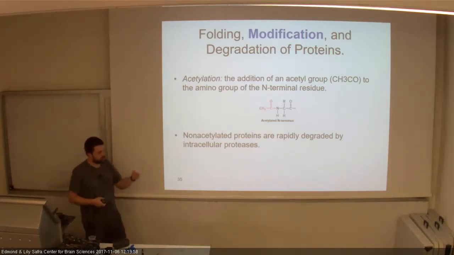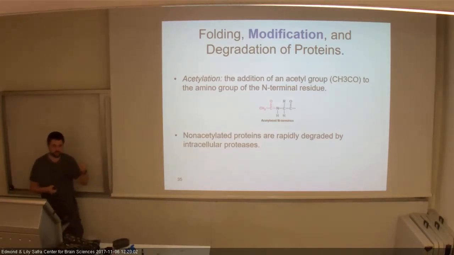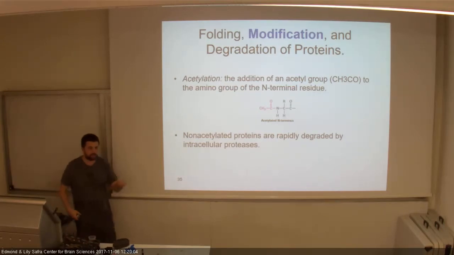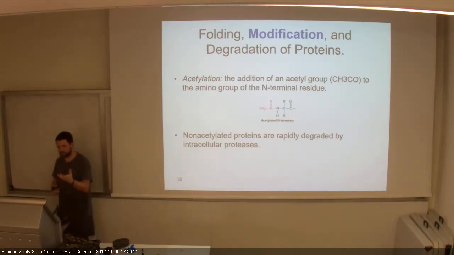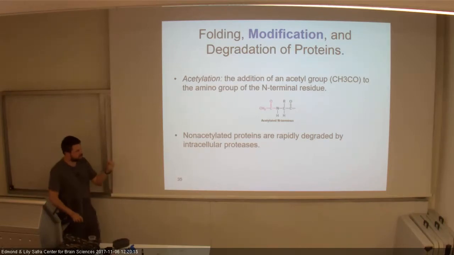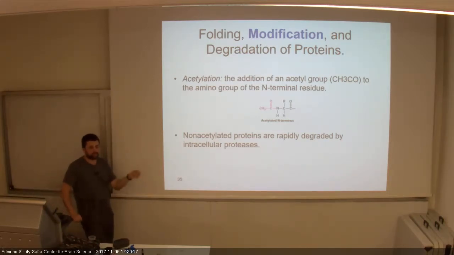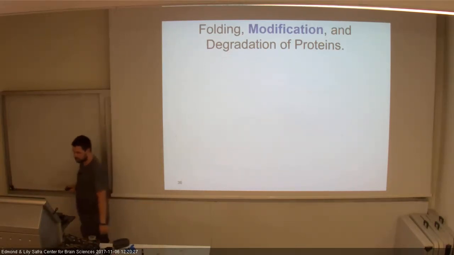So we think that this is kind of a recognition mechanism. If a protein is present in the cell and it's not acetylated, a lot of times the cell would degrade it very fast, maybe because it will be tagged as something that is foreign, that didn't come from the cell itself. Okay, for example, from outside, or it could also mean that the protein was not properly folded, for example.